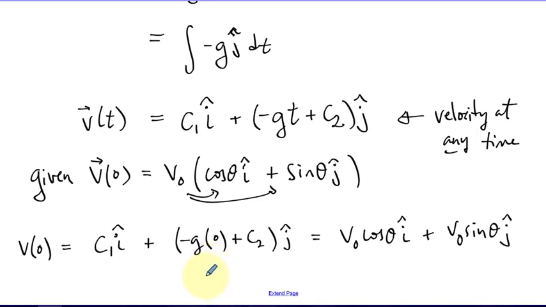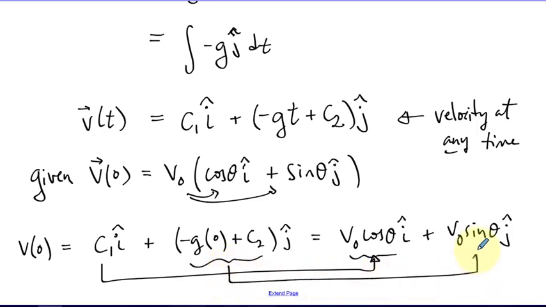So if I have these vectors equal, then their components are equal. What I'm trying to say is that c1 must be v0 cos theta, and then this must be v0 sine theta, and this is all 0.